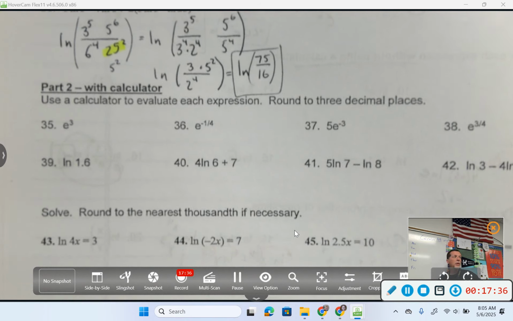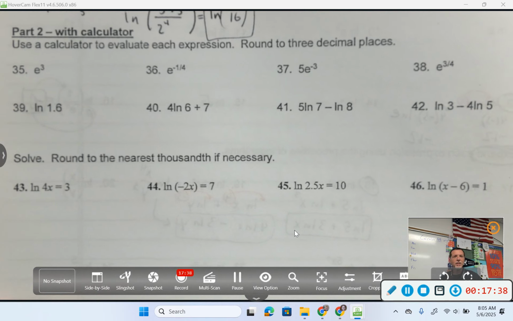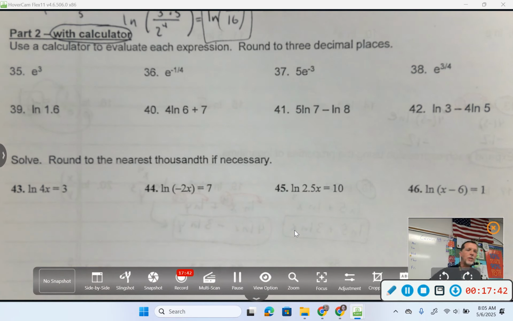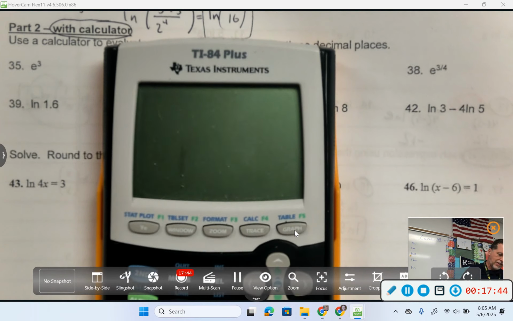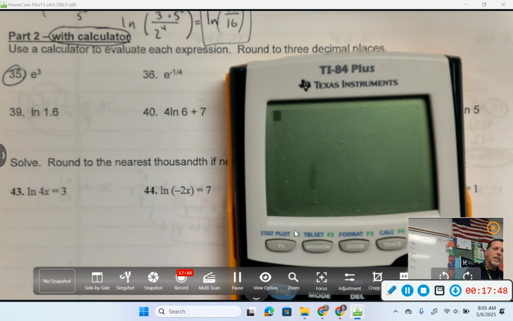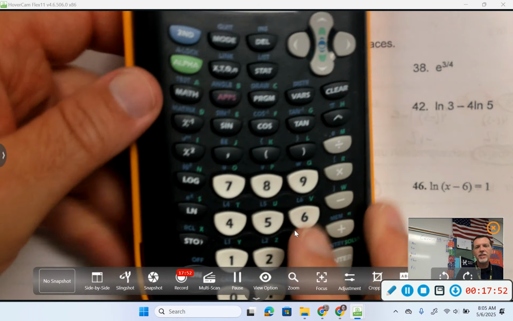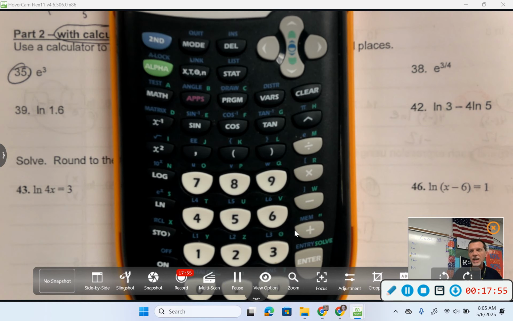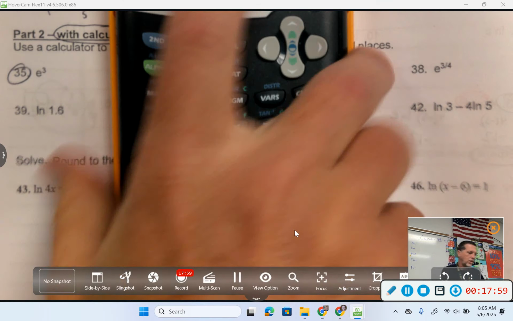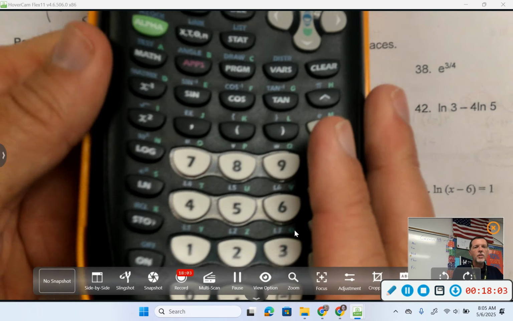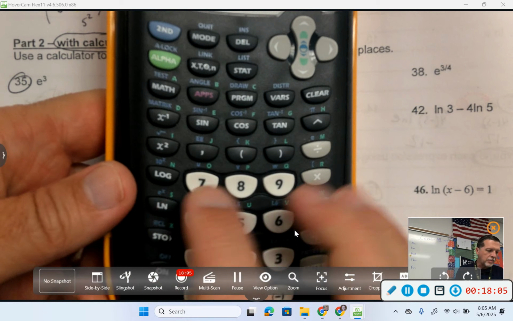All right, what I really wanted to get to, and what we'll need to work on now, is this with calculator. Now, maybe you're thinking with calculator is easy, and I guess it is, as long as you know how to use the calculator. 35, e cubed. Well, your calculator, or at least these calculators, have 2 different buttons for e. E almost always comes with an exponent. So they built the calculators with that in mind.